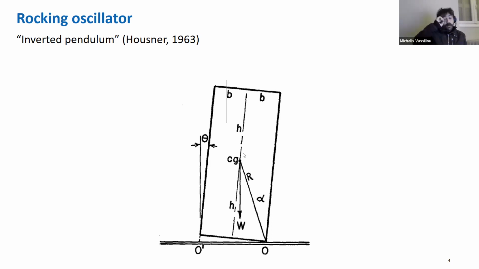Now, the problem with rocking is that it is so sensitive that even the slightest change in everything would result in something very different. So the question is not whether taking into account the vertical component of an individual ground motion would change the result. Because if you're looking at individual ground motions, everything would change the result. Even if I make this 1 centimeter taller.